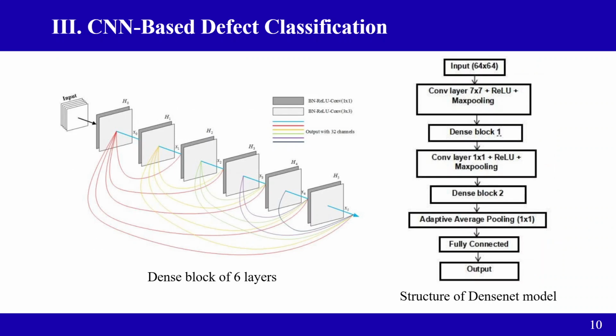To get stronger features, we tested deeper models. The next one is DenseNet. It uses dense connectivity to reuse features and improve gradient flow. This is often helpful when the dataset is limited.